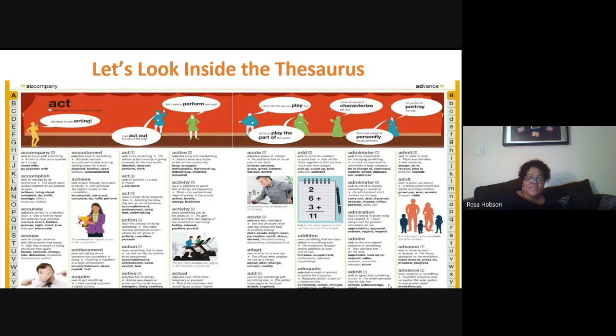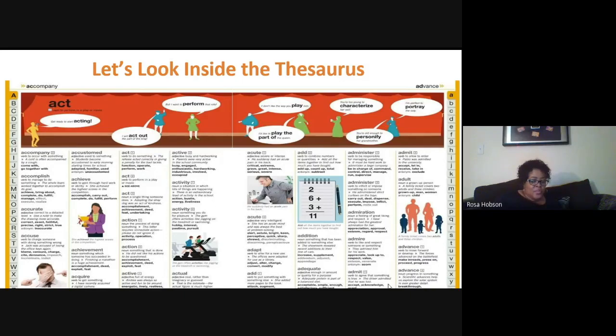And you see advance has two different meanings. That's why you see a one and a two, because it has two different meanings. One is a noun and the other is a verb. The words in the smaller bold print that you see, those are synonyms, words that mean the same. So let's take a look at the word advance while we're here.